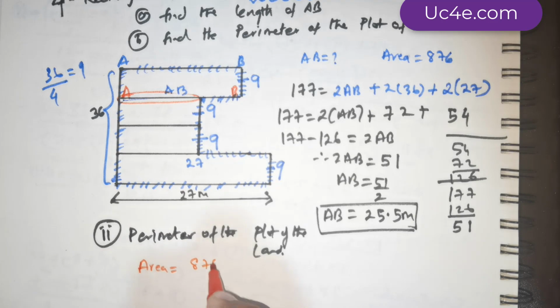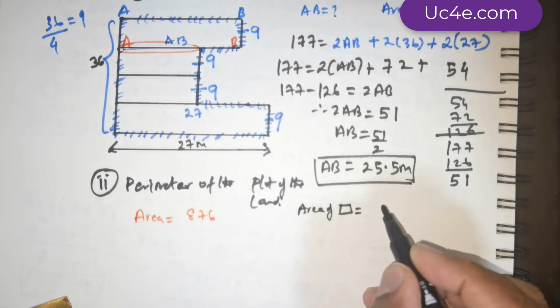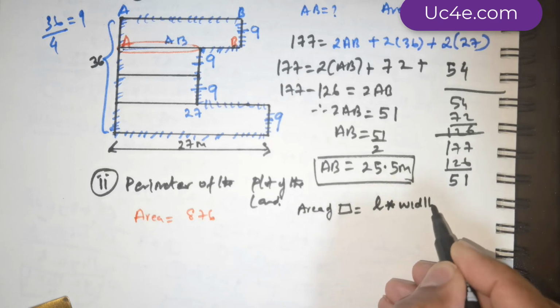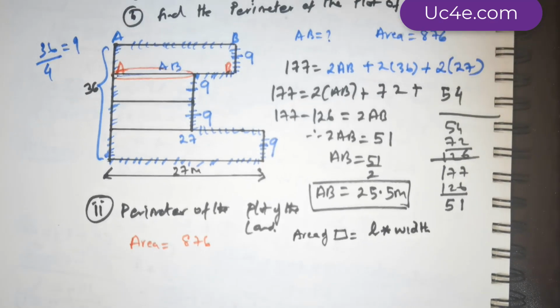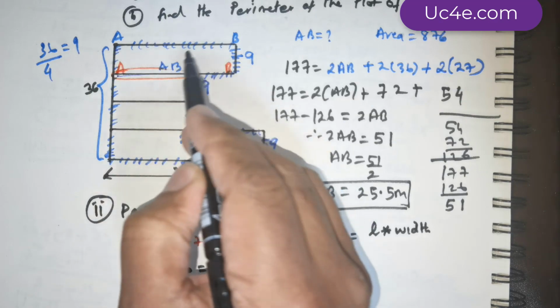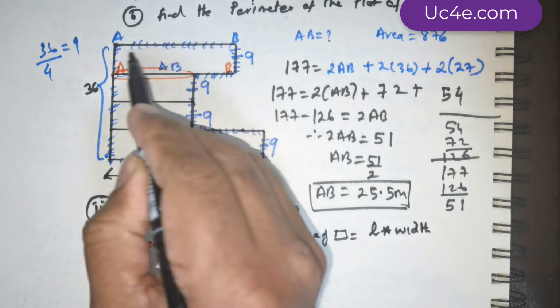Area is given to be 876. And what is the area of the rectangle? Formula: area of rectangle is nothing but length times width. So 876 is equal to, I am actually taking the area of this region.